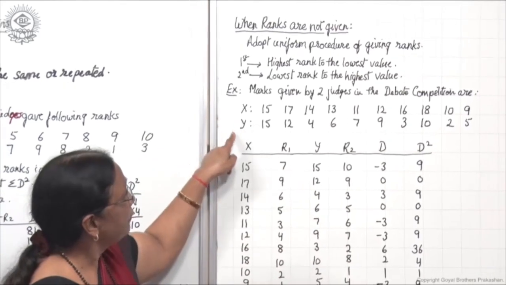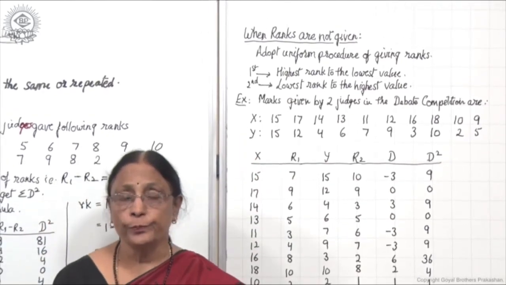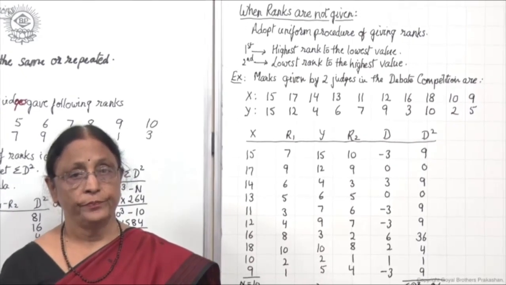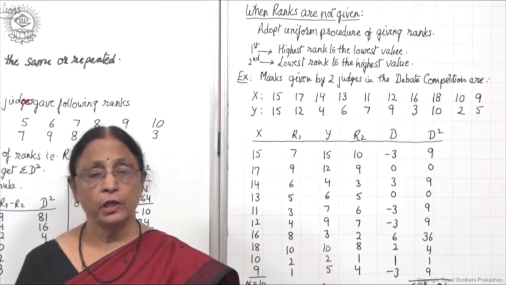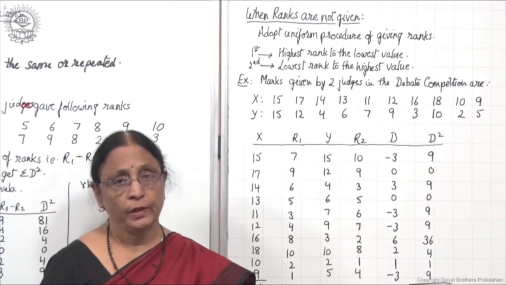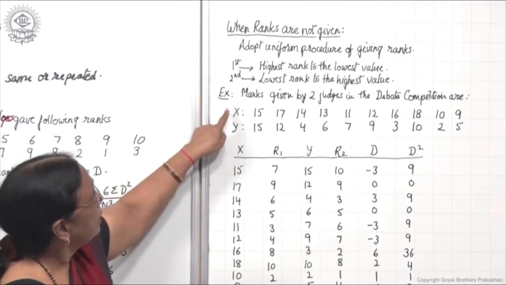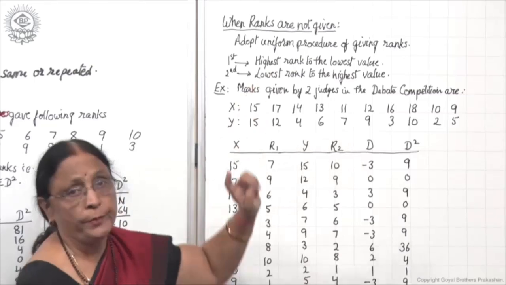Now when the marks are given by two judges, what are you supposed to do? You are supposed to allot the ranks, right? And then follow the same procedure as we have done in the case when ranks were given. So first we have to adopt a uniform procedure.